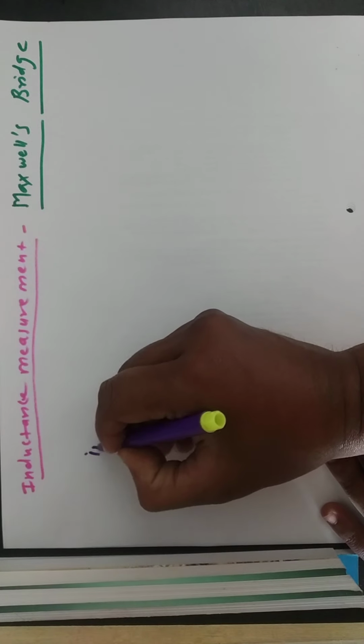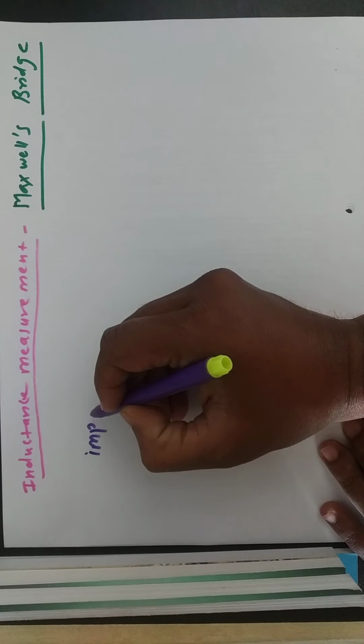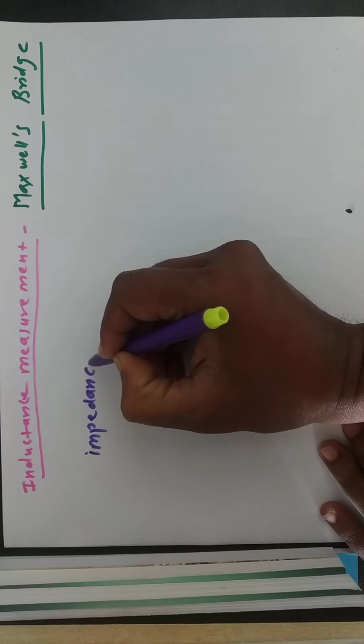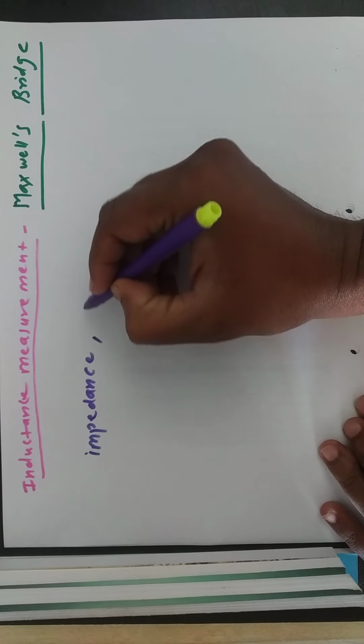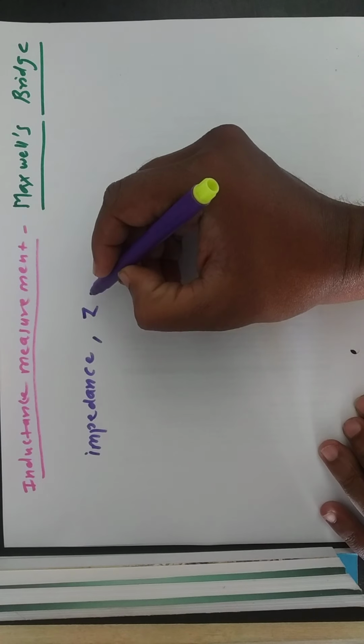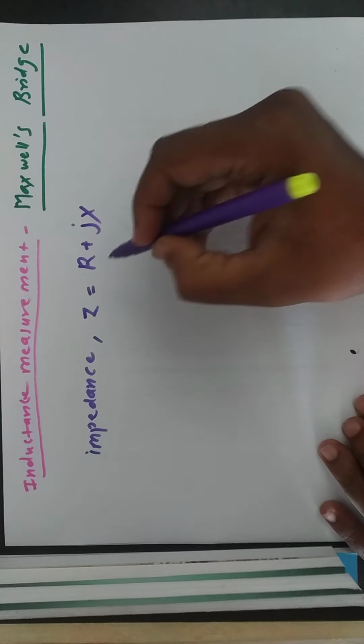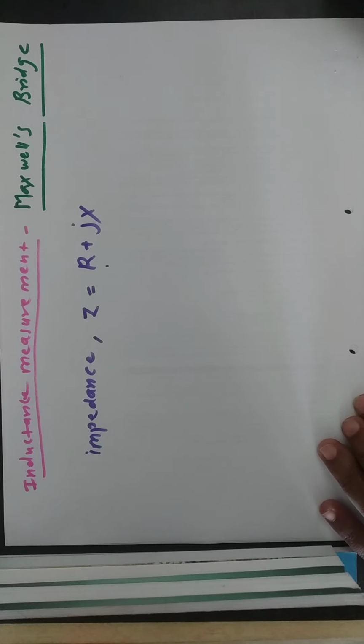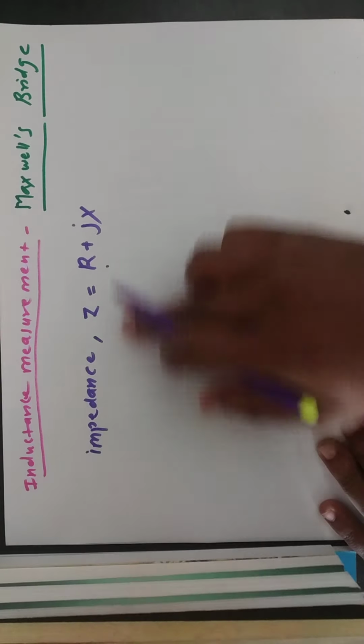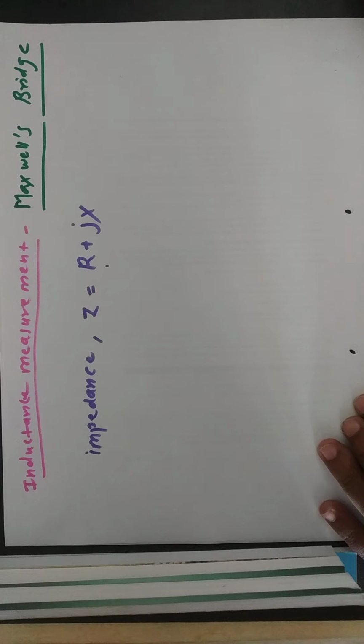In general circuit theory, the impedance can be denoted by the letter Z and represented like this: Z is equal to R plus jX, where R is the resistive component and jX is the reactive component, either capacitive or inductive.